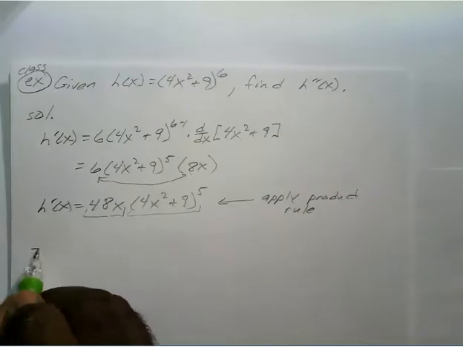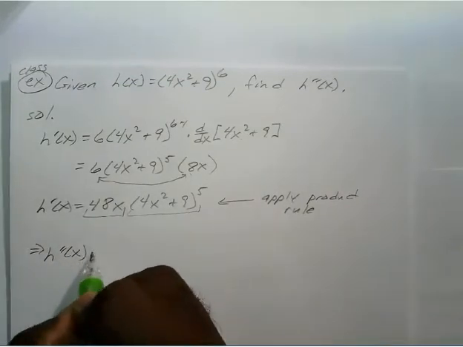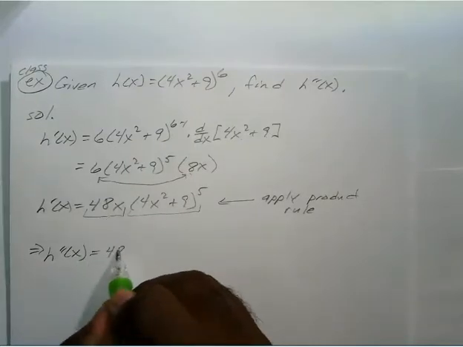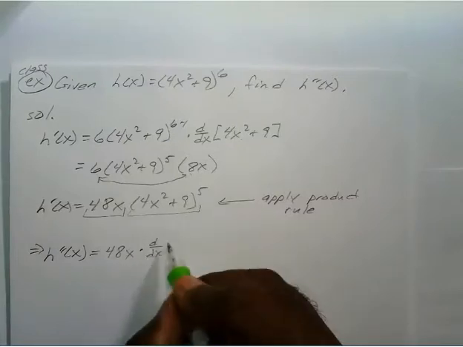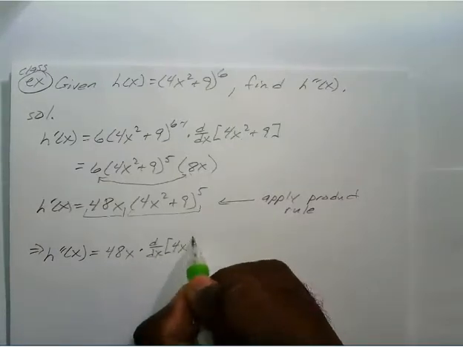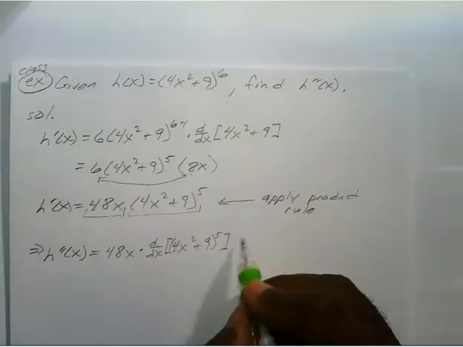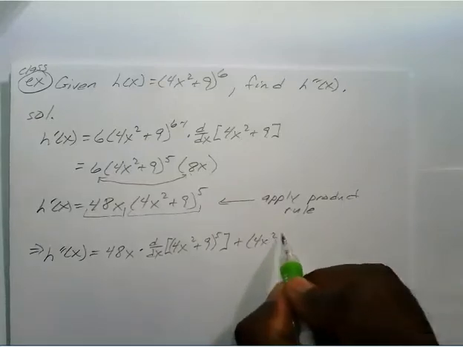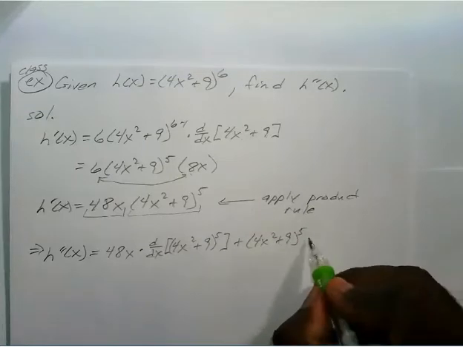Your second derivative, remember, that's the first, times the derivative of the second, plus your second times the derivative of the first.